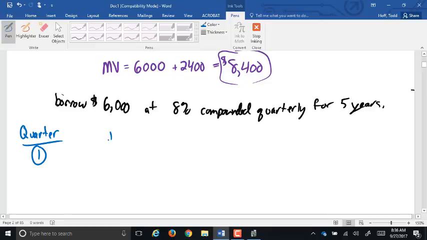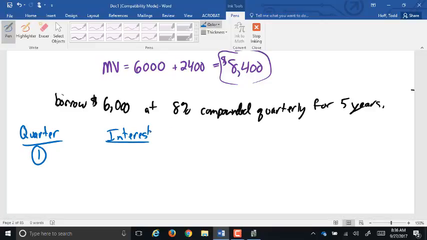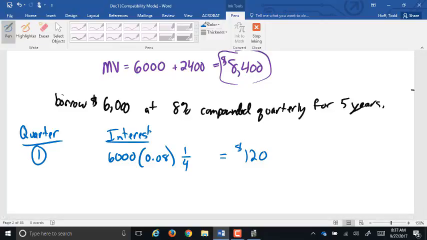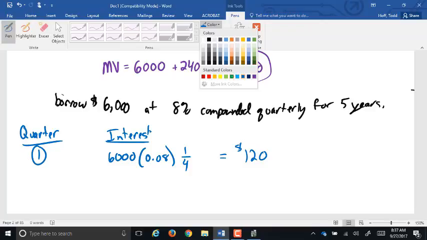So in quarter 1, the amount of interest is going to be the 6,000 times 0.08 times 1/4 of a year. What does that come out to be, $120? Sounds right to me. We're going to go with that.